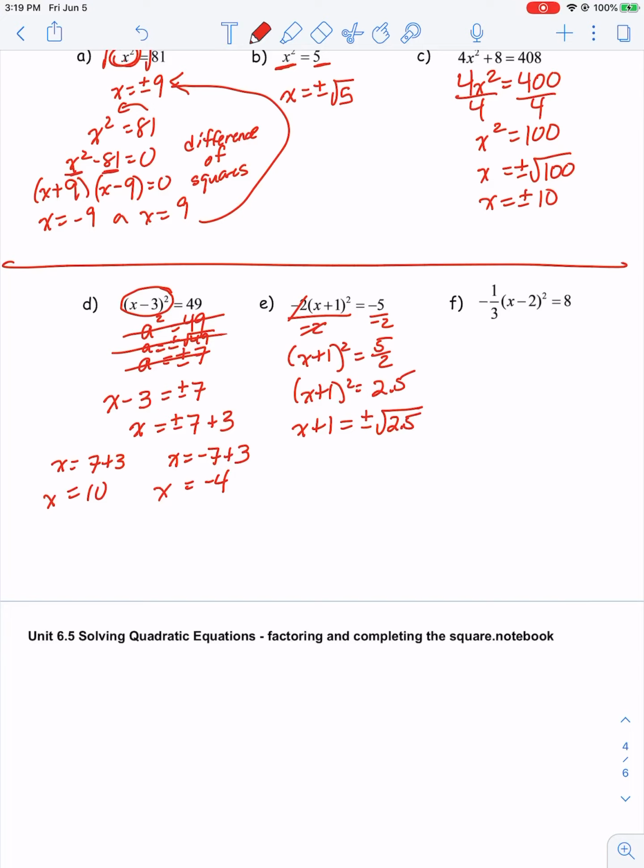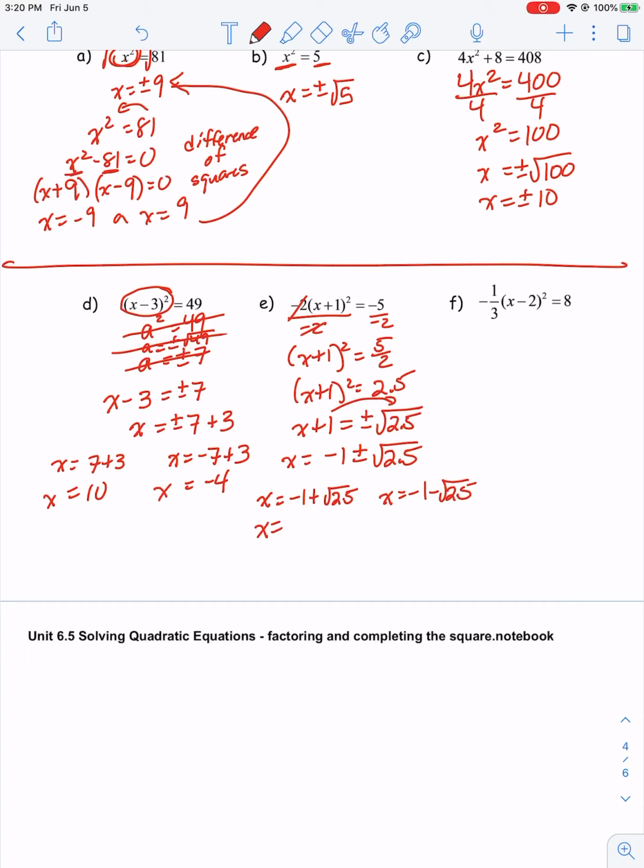Then you have the two scenarios. Bring the 1 over to that side. You got x = -1 ± the square root of 2.5. So you've got two answers where x = -1 + root 2.5 and x = -1 - root 2.5.